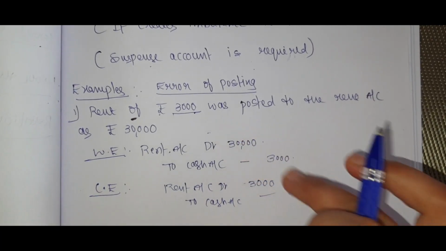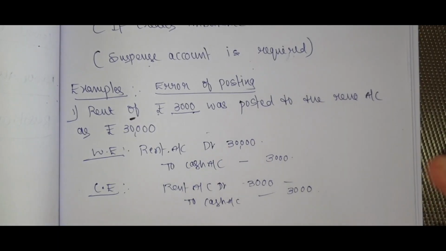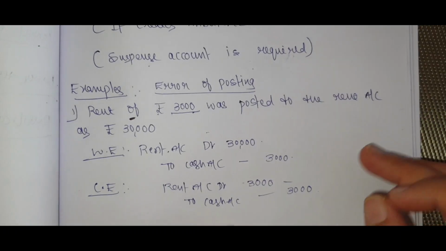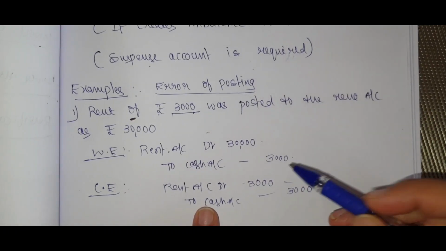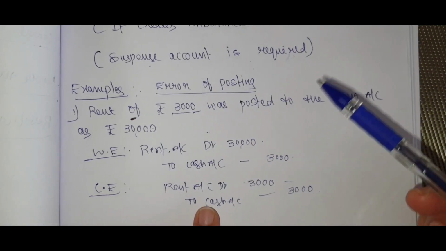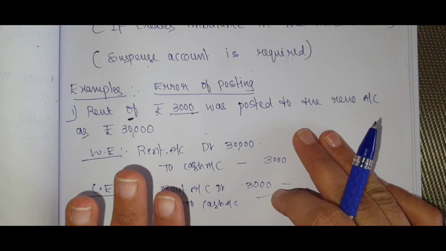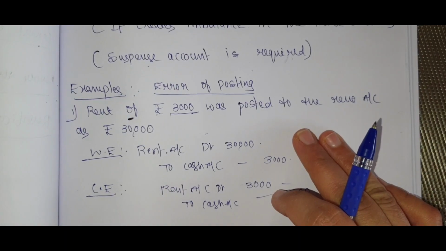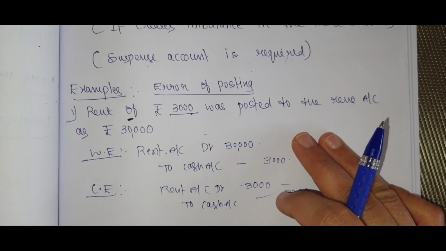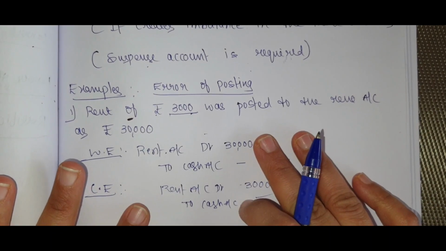How? 30,000 minus 3,000. Instead of rupees 3,000, it is over debited by rupees 27,000. So only one account is affected, so it is a one-sided error.